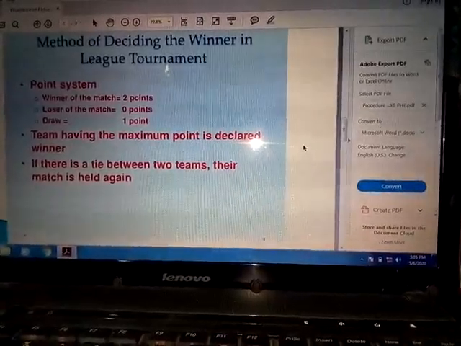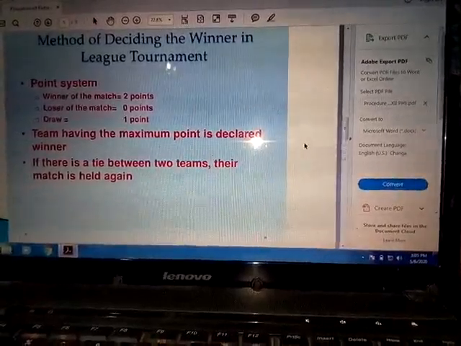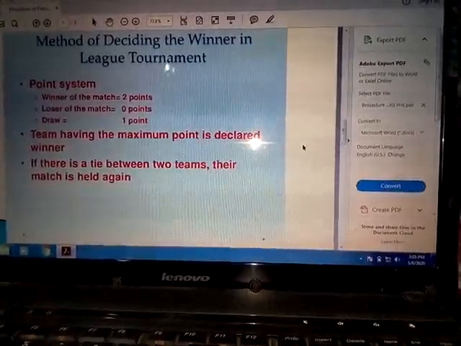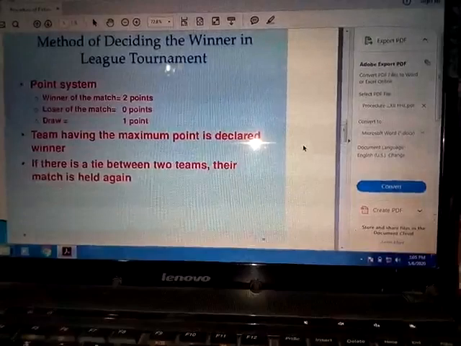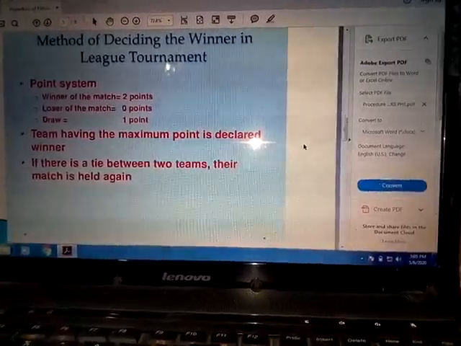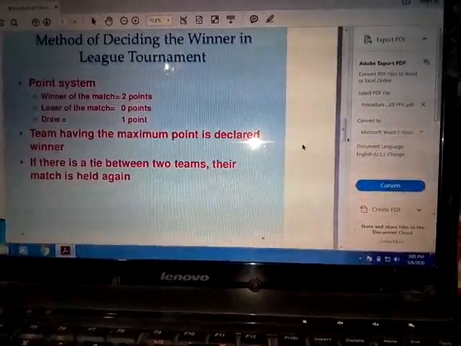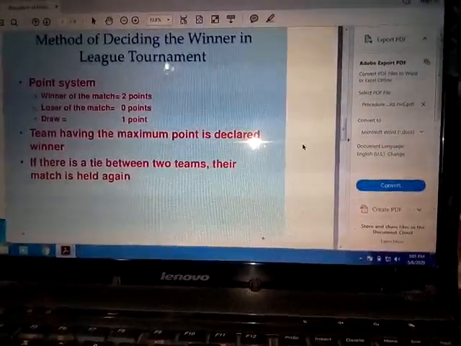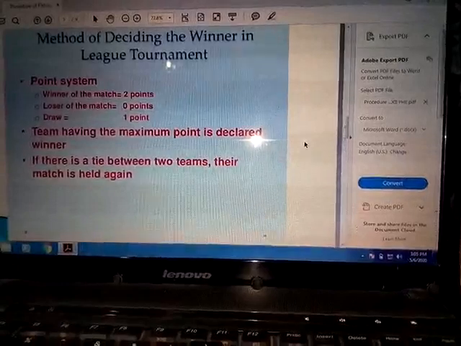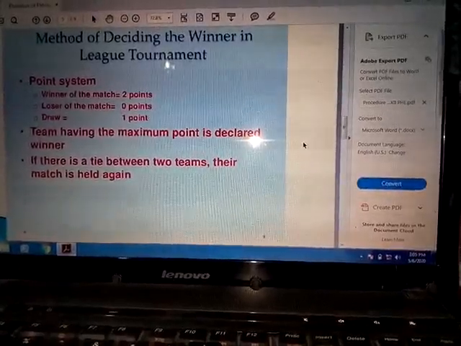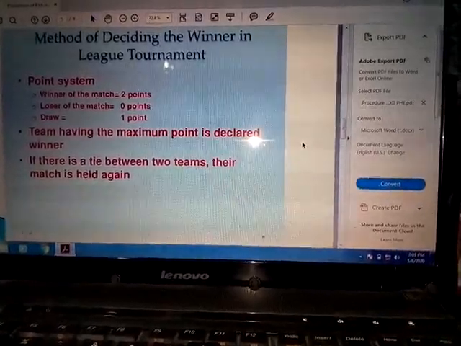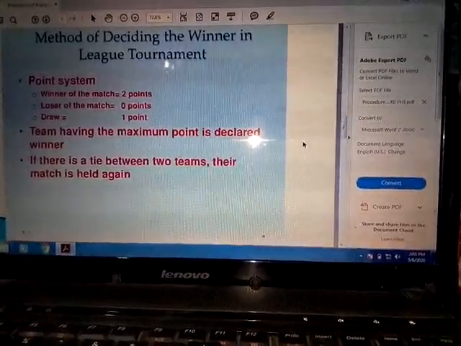If there is a tie between two teams, their match is held again. Sometimes during a match it becomes a tie. In that condition it is held again, or extra time is given to conduct the match, so that the points can be given to the loser or winner.